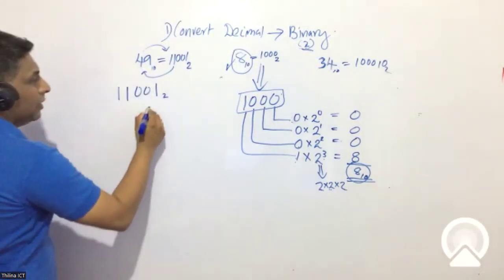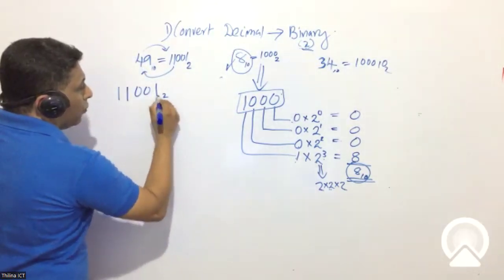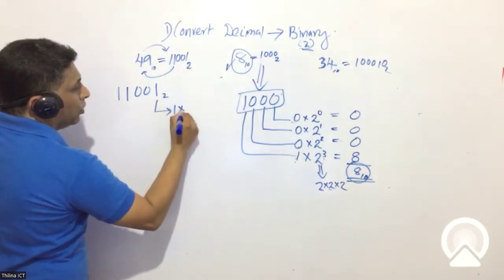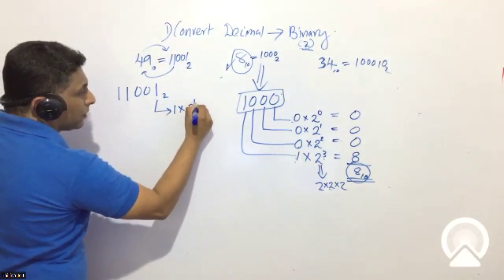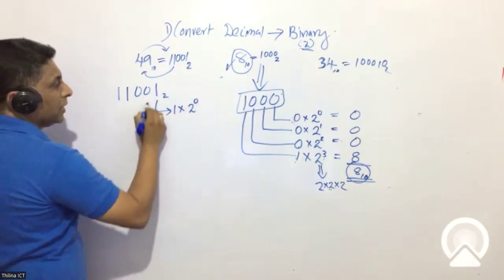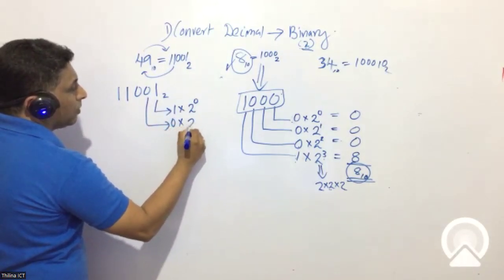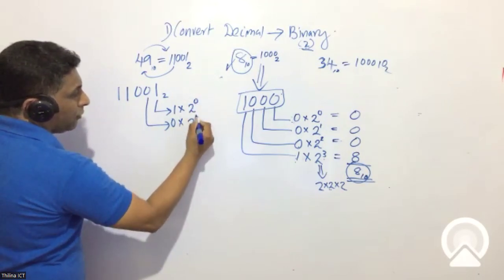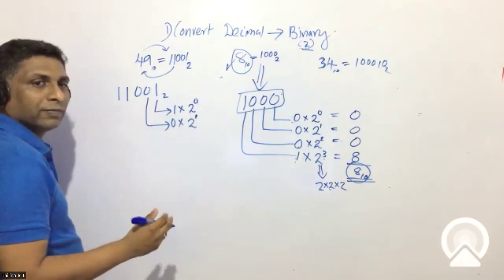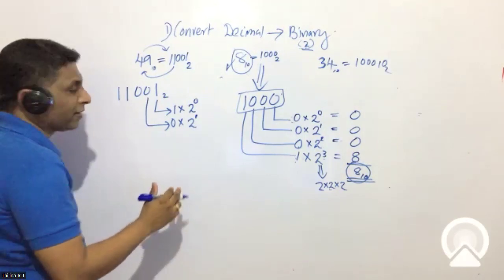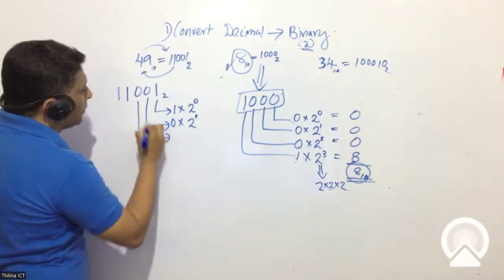Let's see. Start from here: 1 into 2 to the power, let's start from 2 to the power 0. Here, 0 into 2 to the power 1. If you feel lazy to type, put these things first.